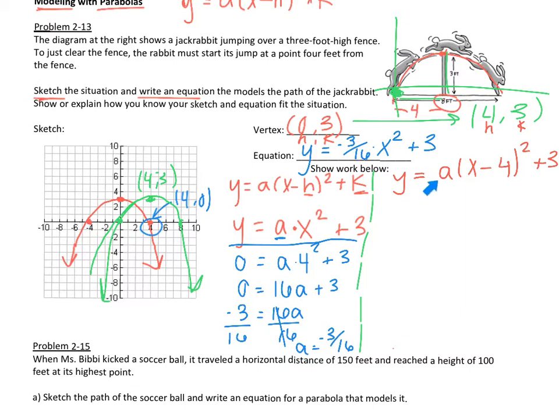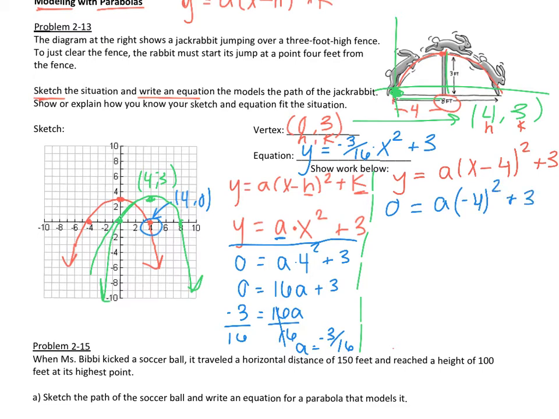And then at this point is where I choose a point. Remember, I just need to figure out what a is. So all I need to do now is choose a point on the parabola to plug in for x and y, and I intentionally made this graph so that 0, 0 was on my parabola, so that when I go to plug in 0, 0 for x and y, things simplify pretty easily. So we've got 0 in for y equals a times 0 in for x, which is just 0, minus 4, squared, plus 3.